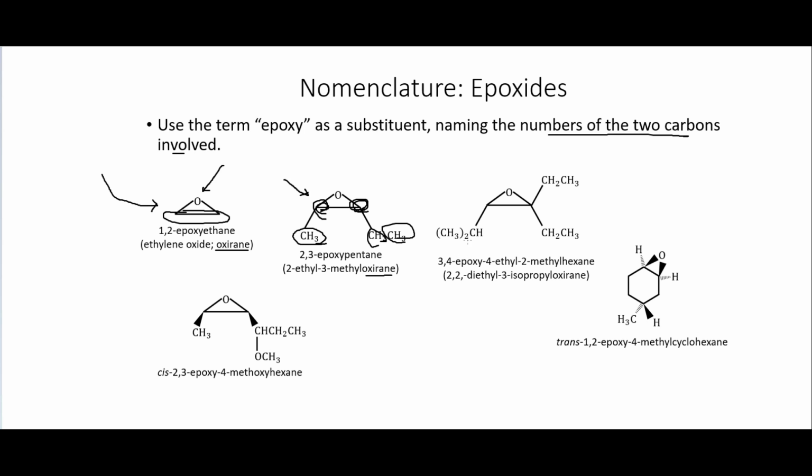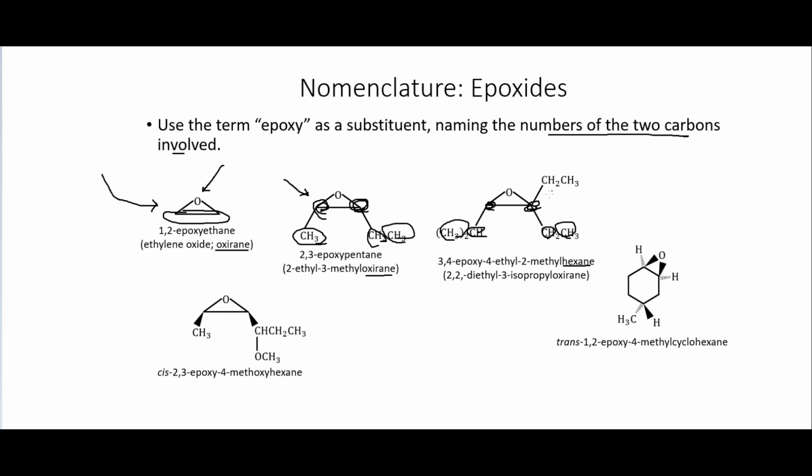So we have 2 methyl groups right here, but we can count one as being part of the backbone. So we have 1, 2, 3, 4, 5, 6. So this is a hexane right here. And so we call it 3,4-epoxy. So this is a 3 and the 4 carbon right there.